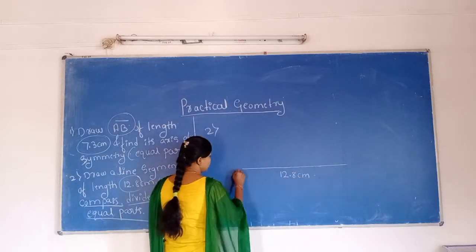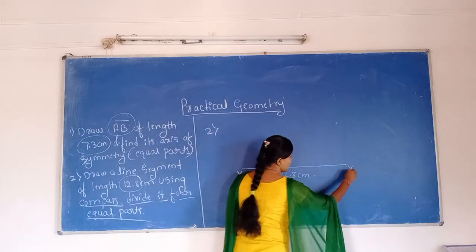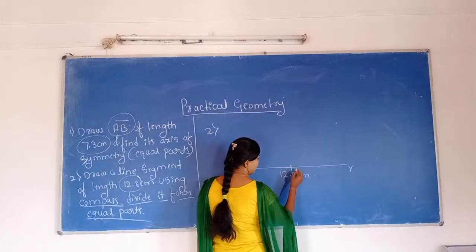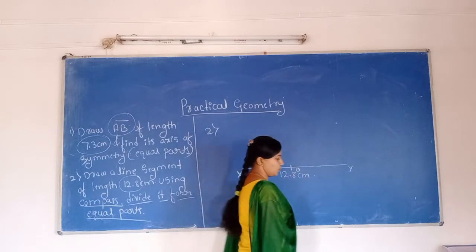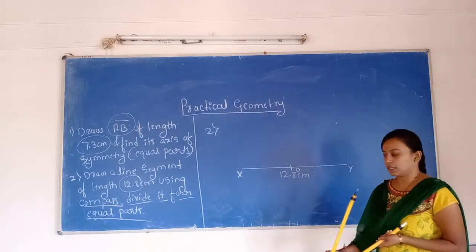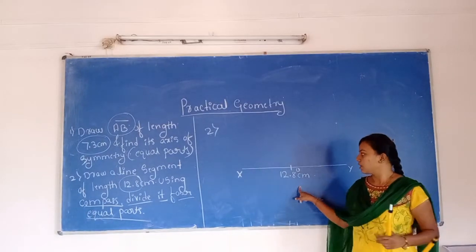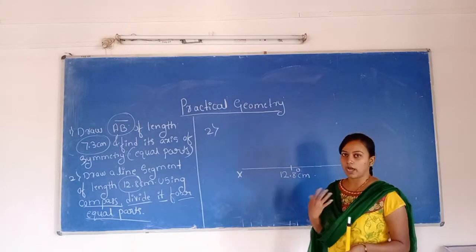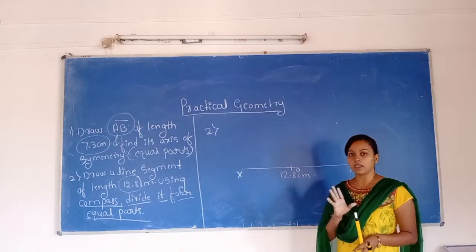There is no name given, so take the names X and Y. And most of all, you have to make your center point O. Now, using your compass, first draw the 12.8 centimeter line segment.